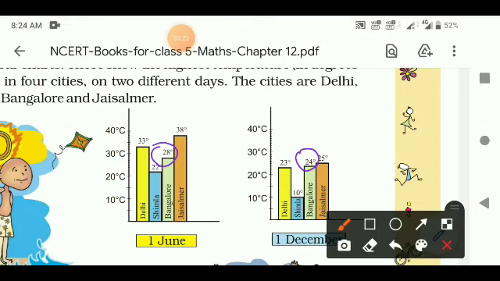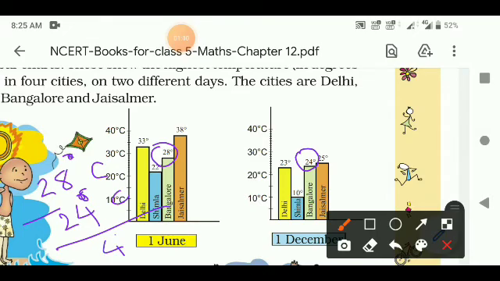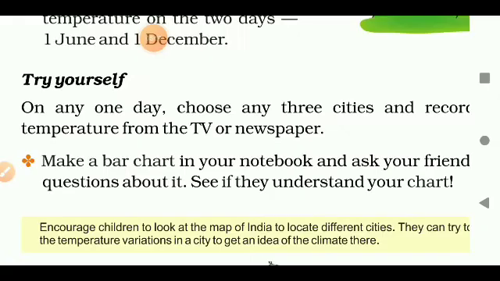So let us find the difference. 28 degrees Celsius minus 24 degrees Celsius is equal to 4 degrees Celsius. So it is the lowest change in temperature of all the cities.